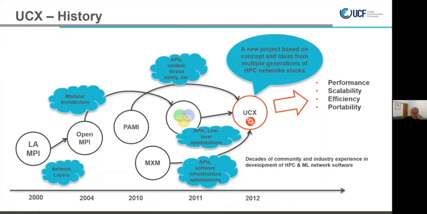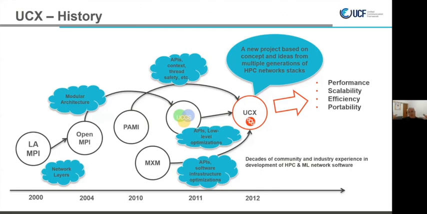And at that point, we started to migrate multiple things that were there at the time. There was MXM, which was an effort managed by Mellanox at that time, before being acquired by NVIDIA, PAMI from IBM, UCCS from Oak Ridge, and so forth.